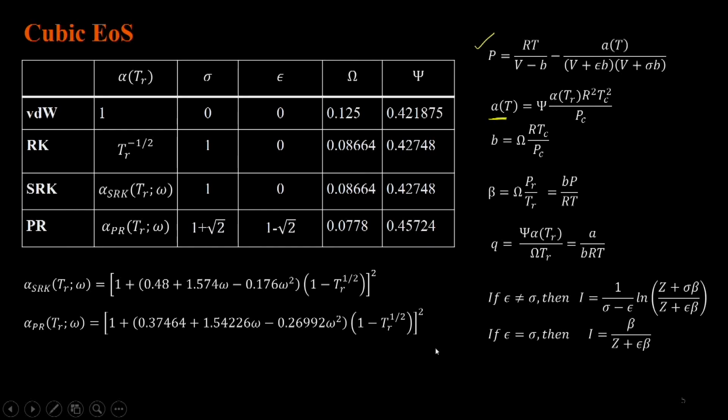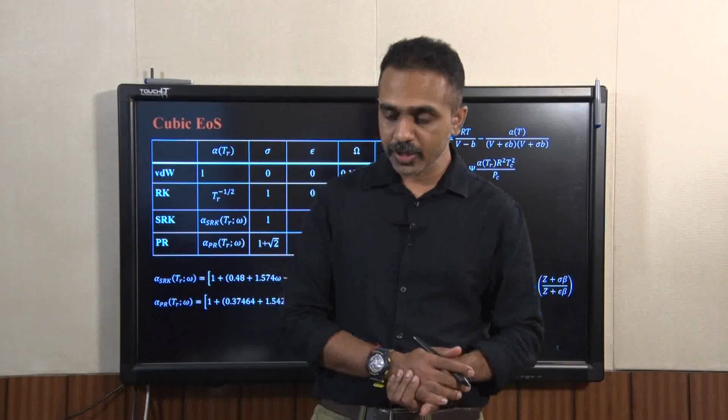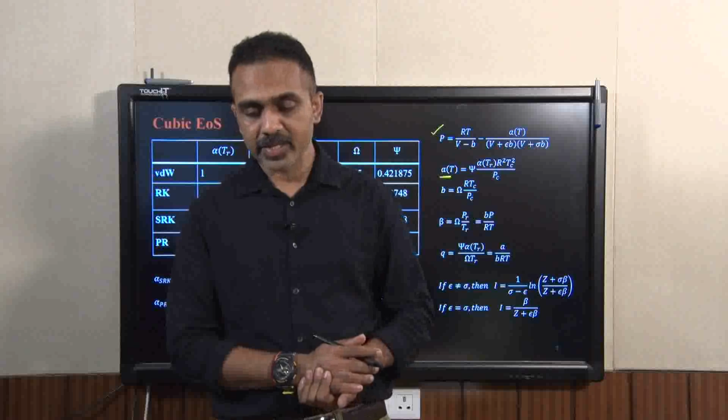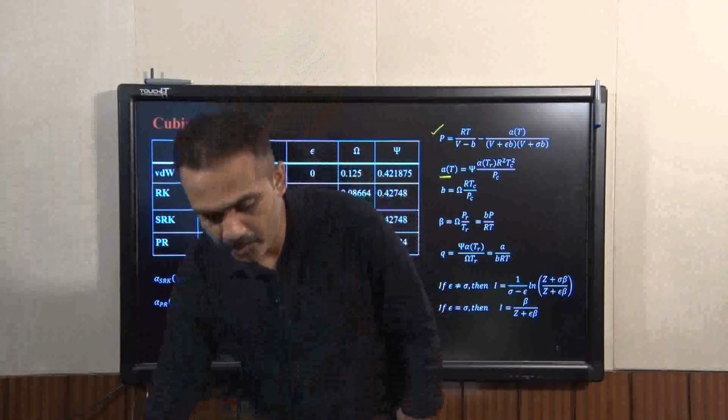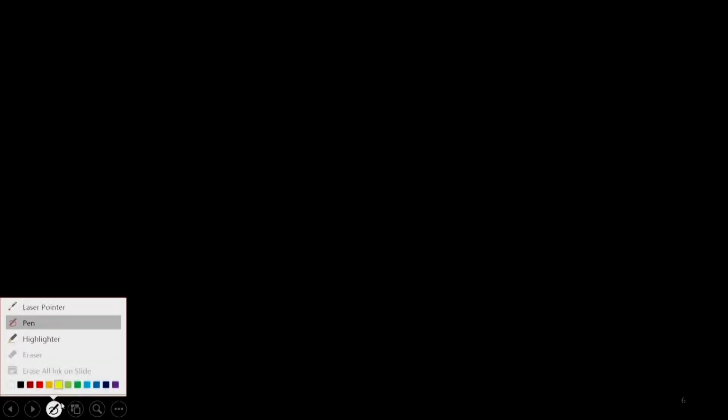Now, we have used this cubic equation of state successfully to calculate the fugacity of pure species, but for a mixture, just like in the case of the virial equation of state, I need mixing rules. I need mixing rules to be able to apply these cubic equations of state for a mixture as well. The mixing rule we are going to use is what is known as a linear mixing rule for b.